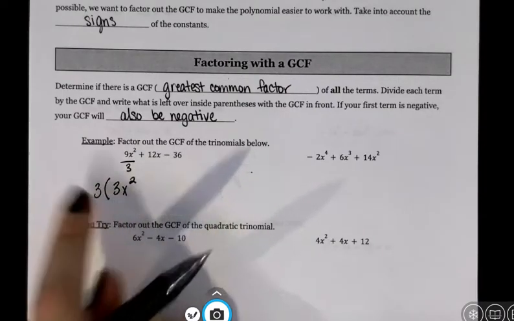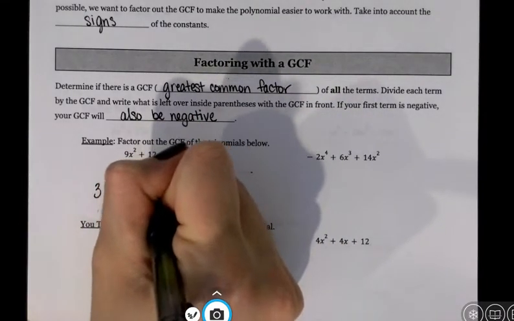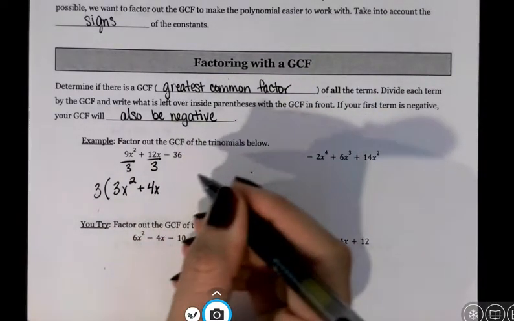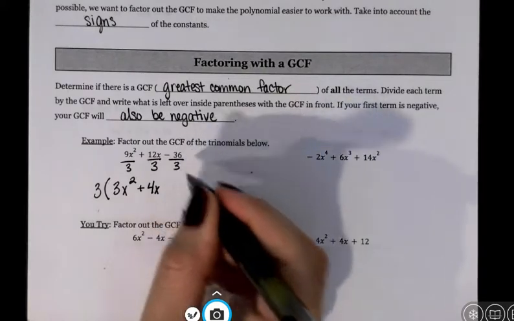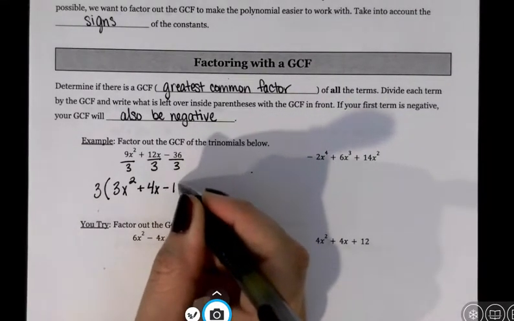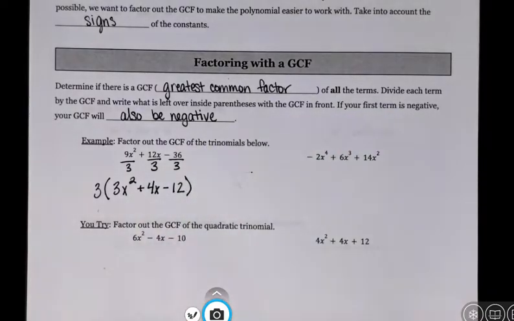That's what we're dividing each term by. My second term, when I divide by 3, will give me a positive 4x. And my last term when I divide by 3 is going to give me negative 12. Then I'm done with this one. It just said to factor out the GCF, not to factor it completely, so that's my final answer.